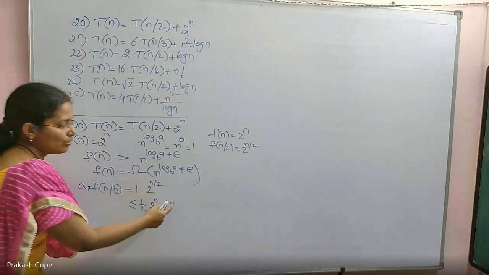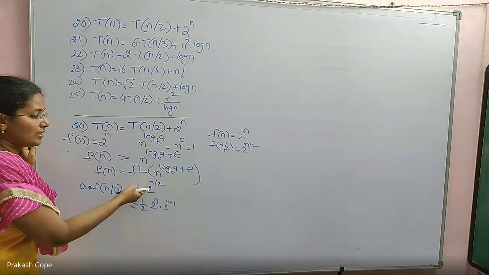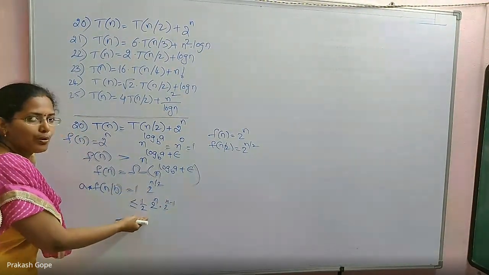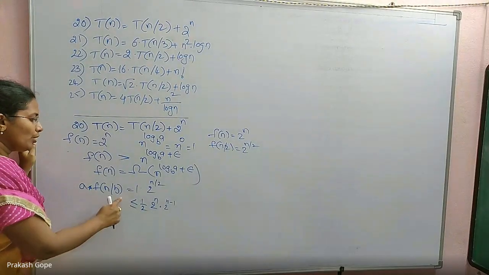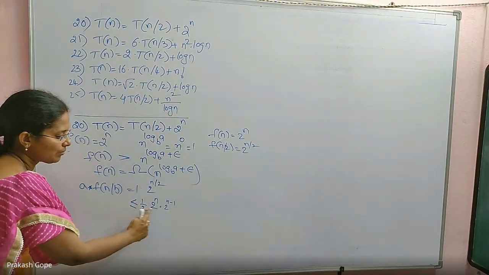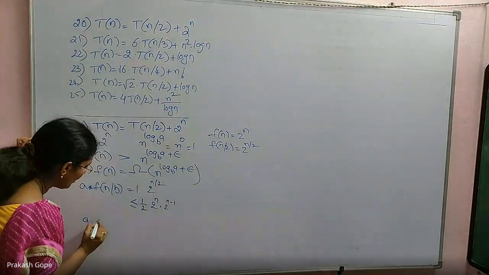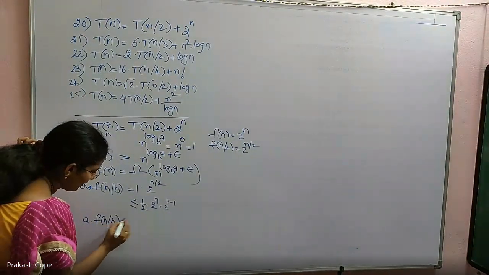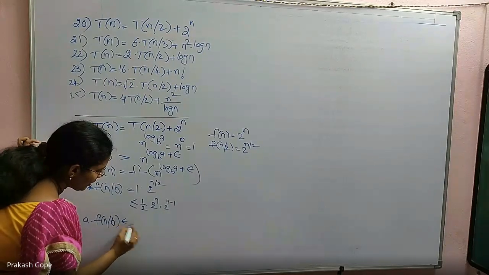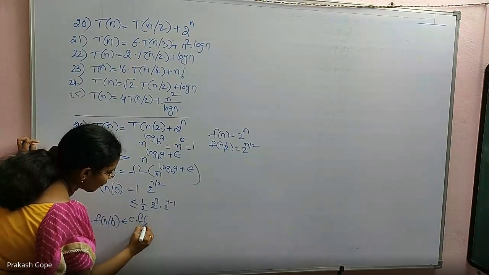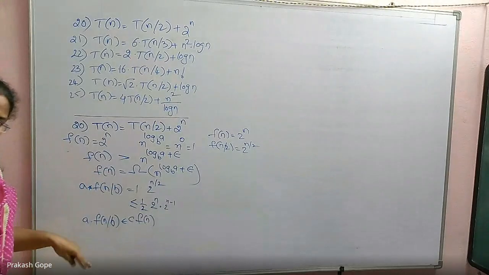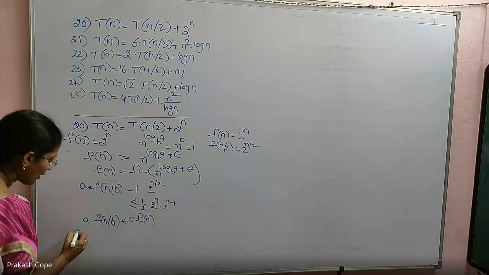Obviously, this is much less than 2 power n. So, a into f of n by b is less than or equal to some constant into f of n. Obviously, satisfied. Correct? No doubt. So, second condition is also satisfied for case 3.